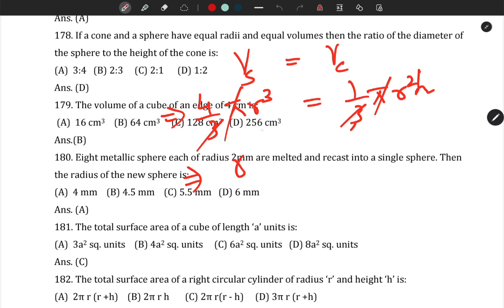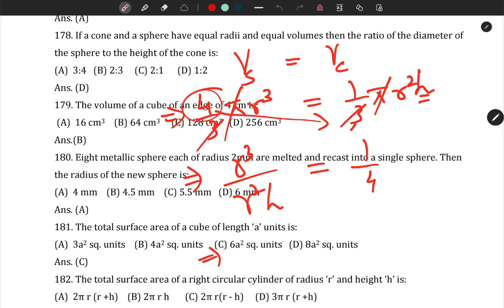So on this side we have r cube by r square, and this height also, if you bring it, it will be here. This side we have 1. If we cross multiply, this 4 will go to the denominator. Next line, we can cancel this r square. There are 3 r's here, so 1 r will be left. So r by h is 1 by 4.